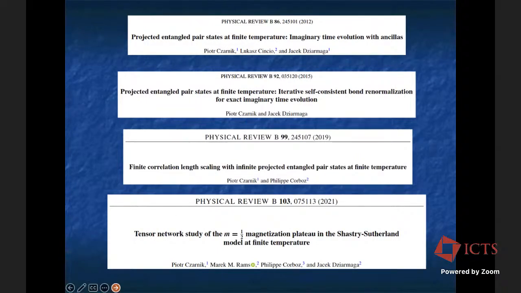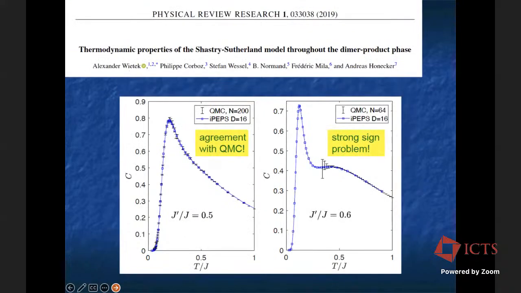So this means that there is an alternative to quantum Monte Carlo, and whether it is accurate for frustrated quantum magnets has to be checked by looking at actual cases. It turns out that for the Shastry-Sutherland model, it works very well. So we have a benchmark: we can now use quantum Monte Carlo as a benchmark for the thermal properties of the Shastry-Sutherland model for ratios smaller than 0.526.